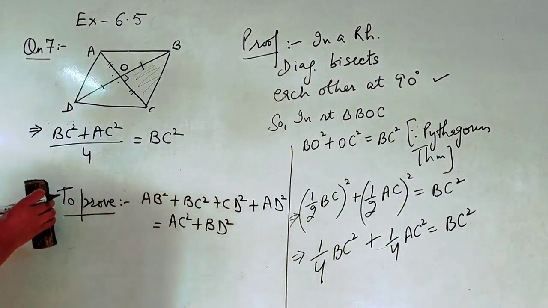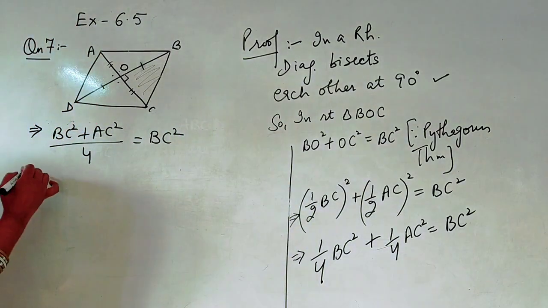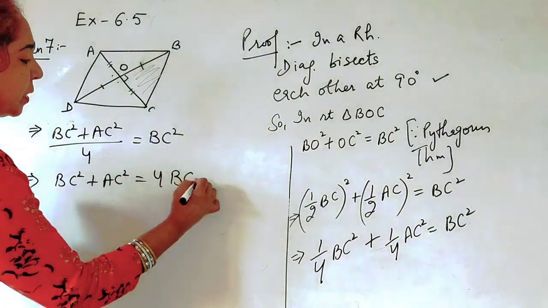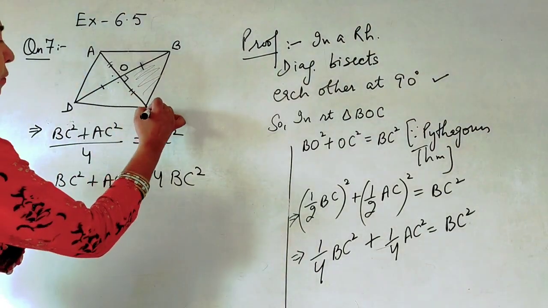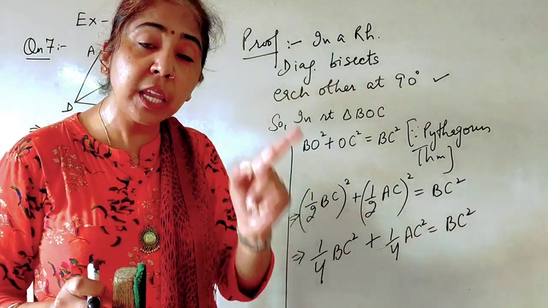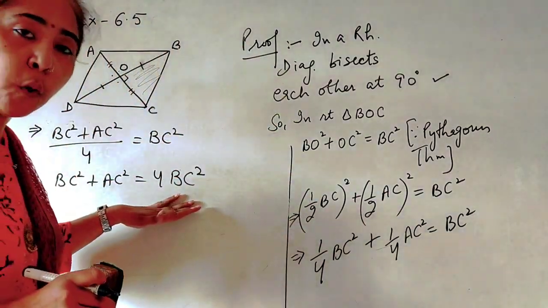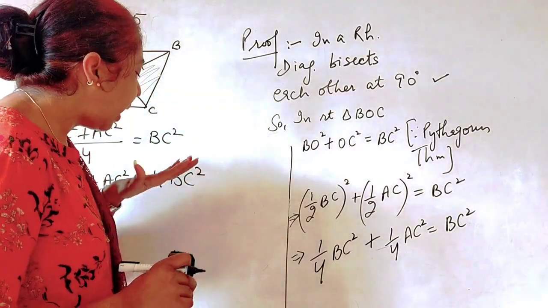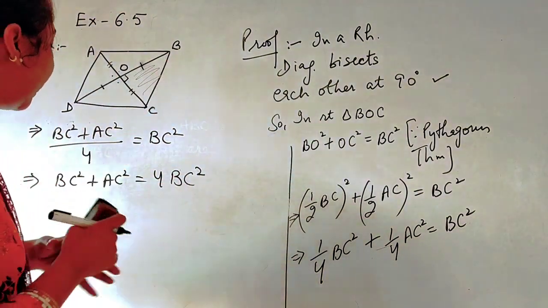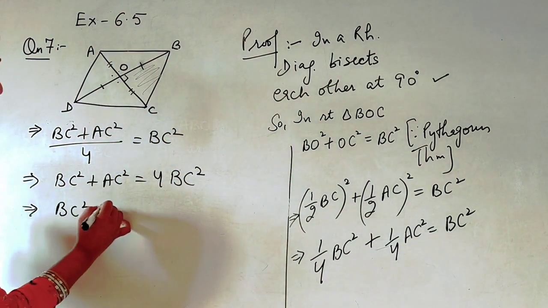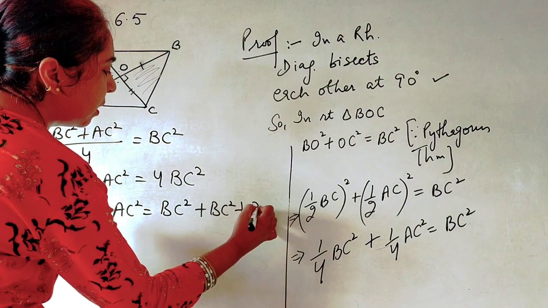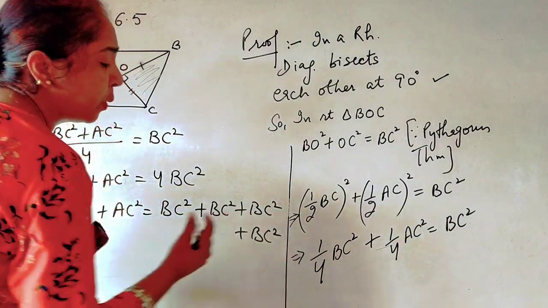Now take this 4 to the right hand side. So we get BD square plus AC square is 4 times BC square. Now one more property we have for the rhombus, that all four sides are equal. So instead of writing 4 BC square, I can write BC square plus BC square plus BC square plus BC square.